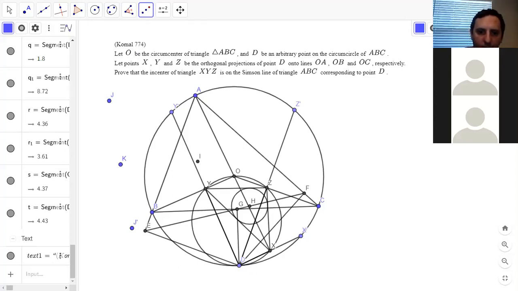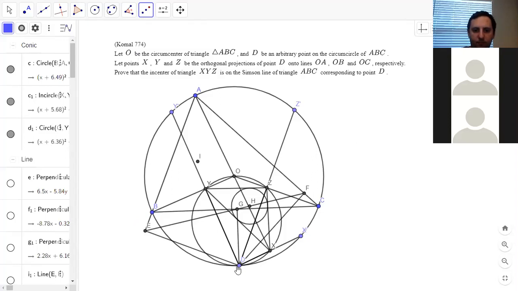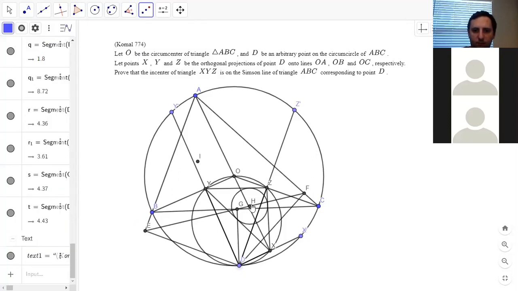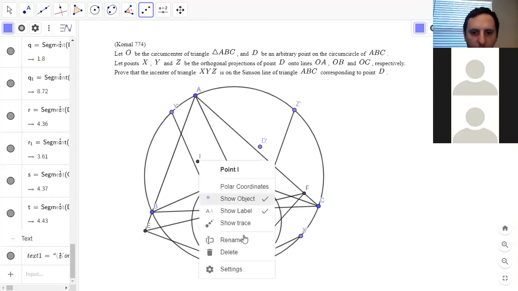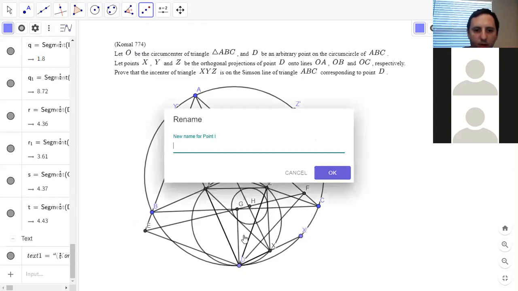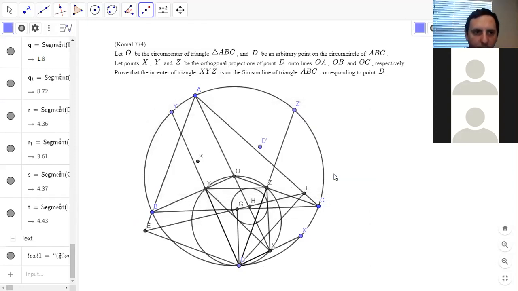So basically, if I reflect D about H, I want to show I D. So what's a better name? This is supposed to be the orthocenter, so it shouldn't be I. We want to show KD prime is parallel to EF. I think that would solve the problem.